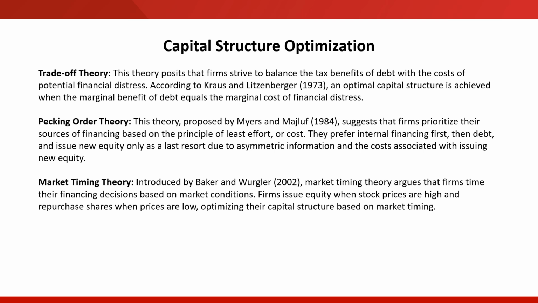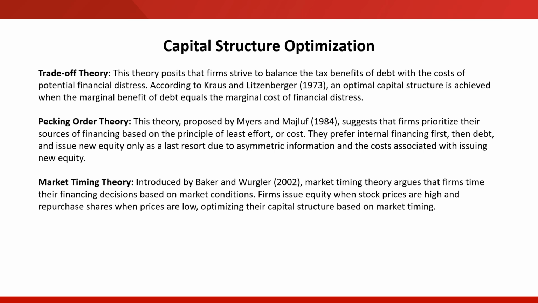Moving forward, we will explore the optimization of capital structure, which is fundamental for maximizing a firm's value. We will take a look at three key theories: the trade-off theory, the pecking order theory, and the market timing theory. First, let's take a look at the trade-off theory.